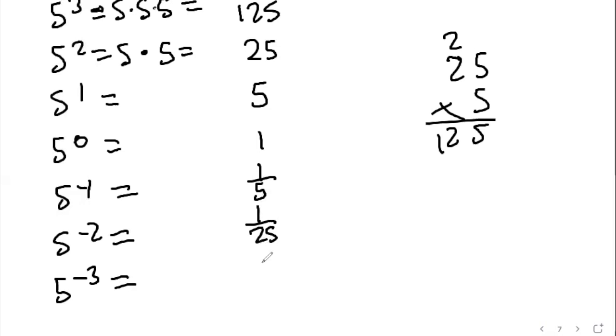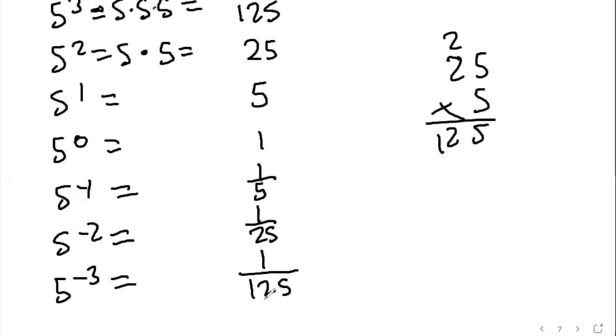If I divide by 5 again, the denominator would be whatever 25 times 5 is, which we just did. We said it was 125. So this would be 1/125ths. So just logically, we intuitively figured out what the answers should be to all of these.